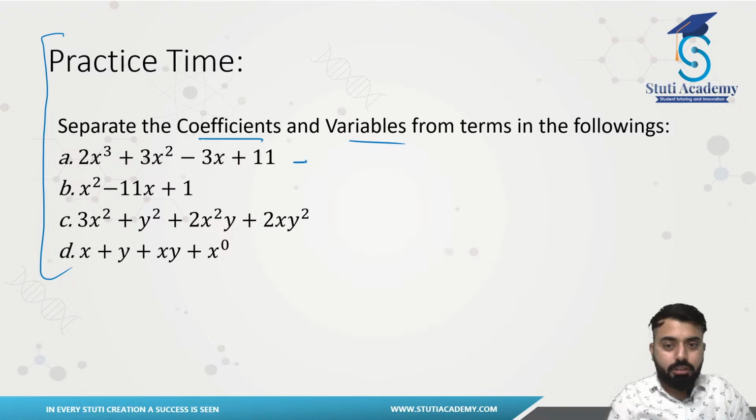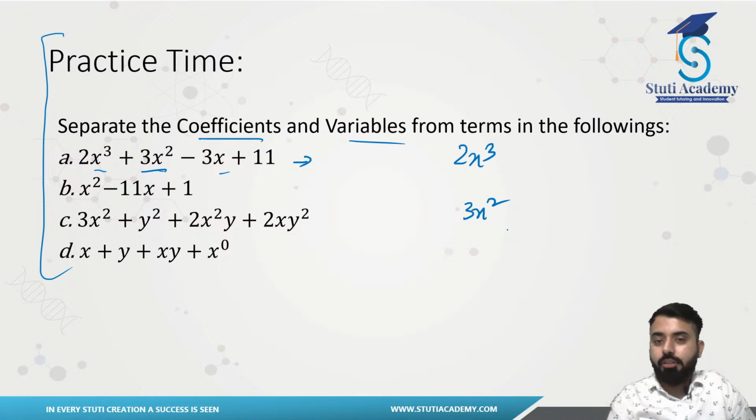So in our first term, firstly observe, do we have different variables or similar variables? So guys see, variables are similar but their powers are different, so we will be having different terms. First term is 2x cube. Then the next term will be 3x square. A third term will be, we do need to consider our negative with the term, so it is negative 3x, and a fourth is constant.